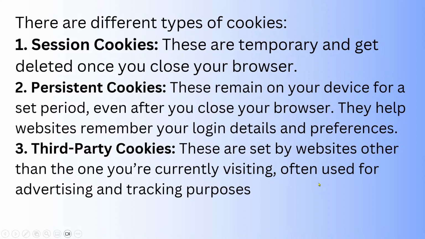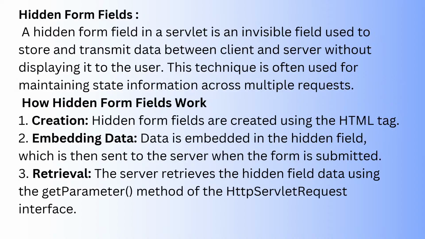I am always visiting a website on which mobiles are available. But there is another website also which is interested to advertise their tablets. So that tablets website becomes the third party cookies. So these are the types of cookies: session cookies, persistent cookies, and third party cookies.